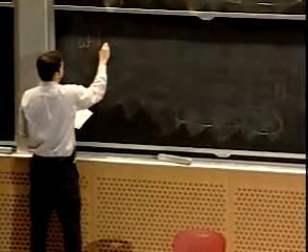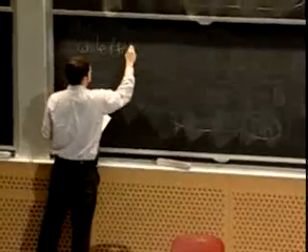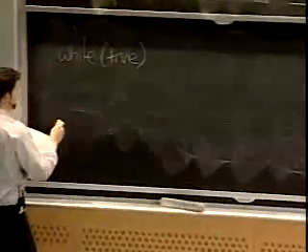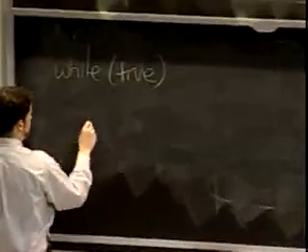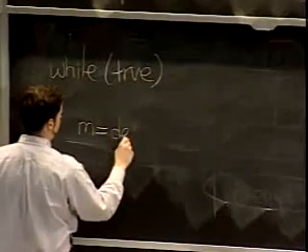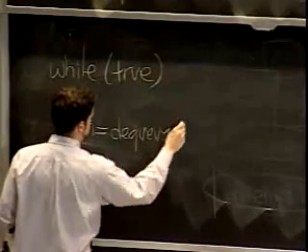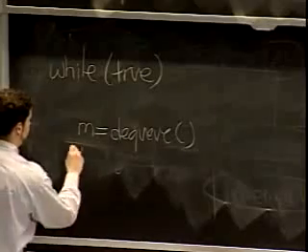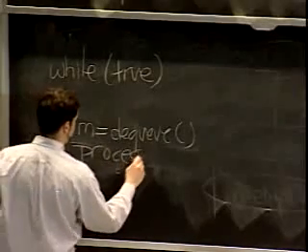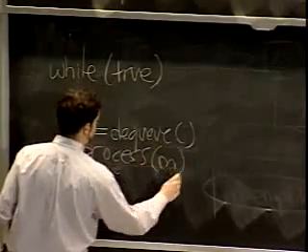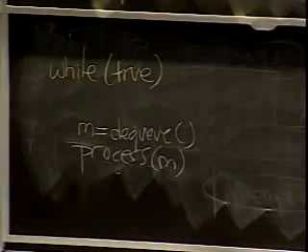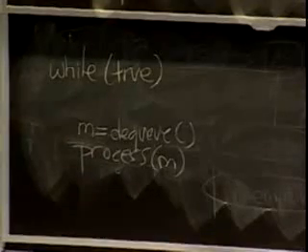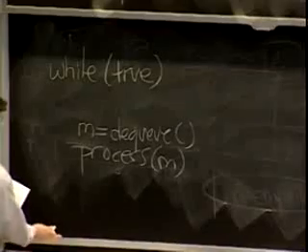Suppose within this first thread, the network thread, we have a loop that says while true, do the following: dequeue a request, call it M, and then dequeue a disk block that's in the queue, and then go ahead and process that disk block.